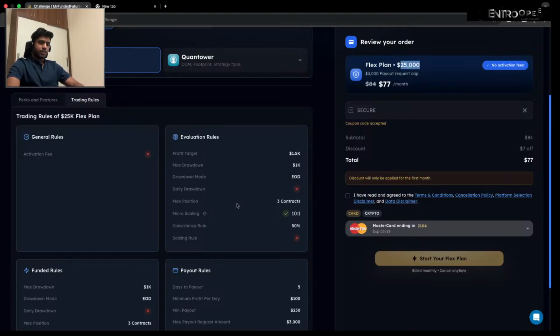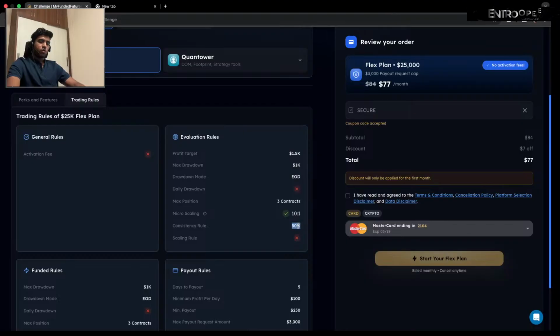The funded firms want you to pass through discipline, risk management, and following your particular setup, and not through just one day's luck. So they've set up this rule that you cannot gain more than 50% of your total profits from one single trading day. That means if you need to make 1.5K, you cannot get more than $750 profit in one single day, which is 50% of it.